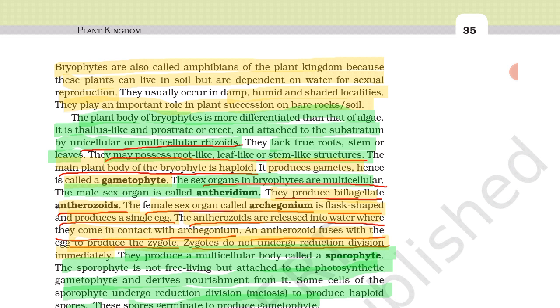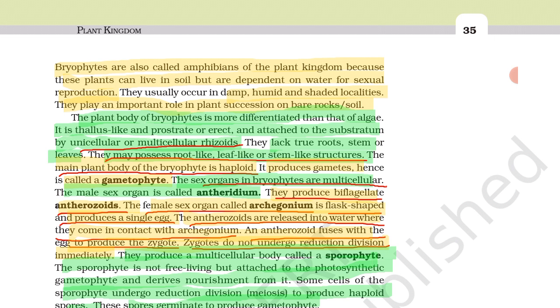The zygote does not undergo reduction division. So keep in mind that the male sex organ is the antheridium and the female sex organ is the archegonium. The antherozoid is a male gamete.